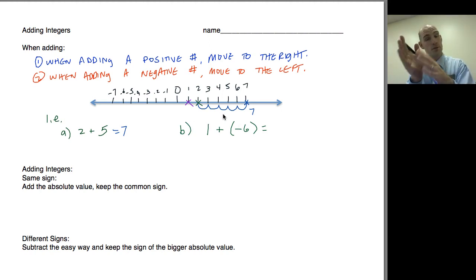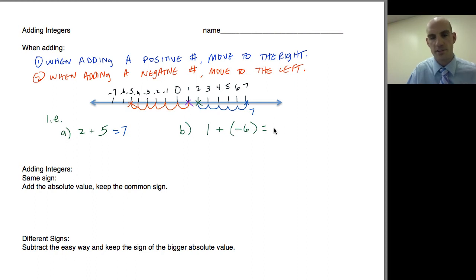I'm adding a negative number, so I'm going to go to the left. 1, 2, 3, 4, 5, 6. And 1 plus -6 is -5. So when I add a negative, I go to the left. That's all there is to it.